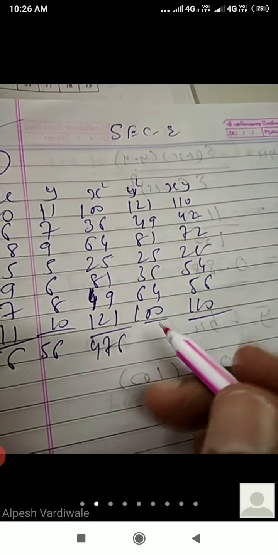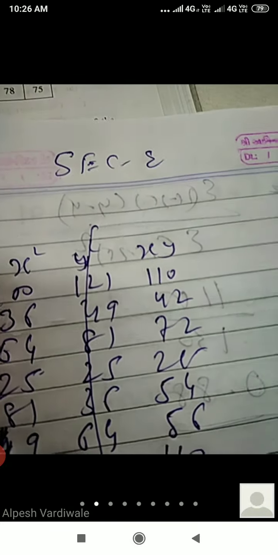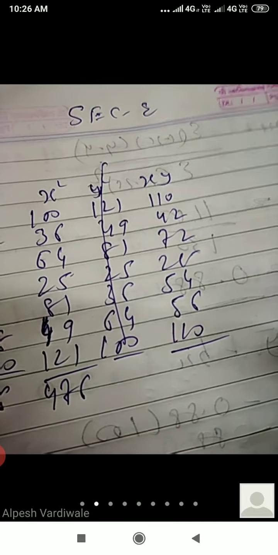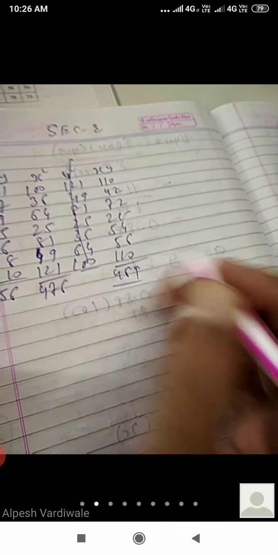Y square का? Oh, sorry. It's a regression. XY: 469. Okay. So now here, regression line y on x.